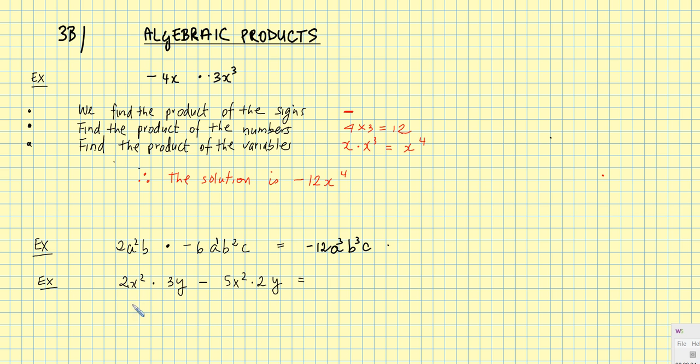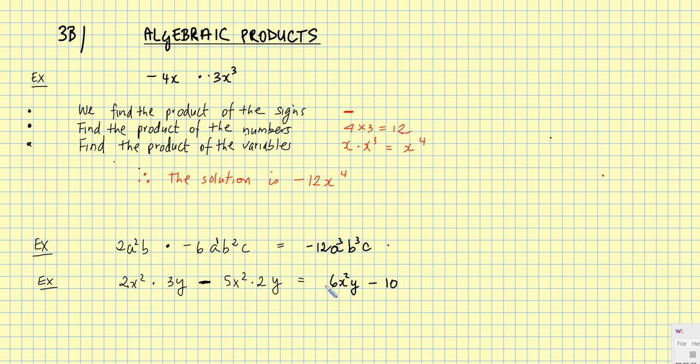Next example, we've got multiplication here in the first half, a minus sign in the middle, and a multiplication in the second half. So I will do 2 times 3 is 6. x squared times y gives me x squared y. And then 5 times 2, so it's a minus 5 times 2, which gives me negative 10.